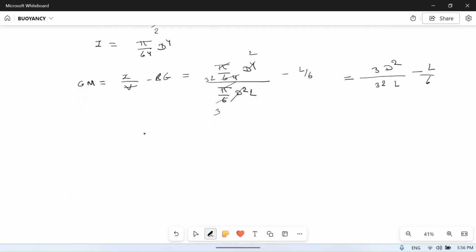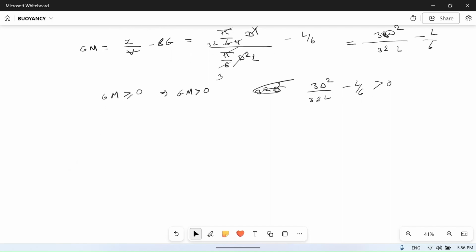So for stable equilibrium, GM should be greater than 0, because GM at 0 will be equal to neutral equilibrium. So see here, it is 3 only, sorry, 3d square upon 32L minus L by 6 should be greater than 0.